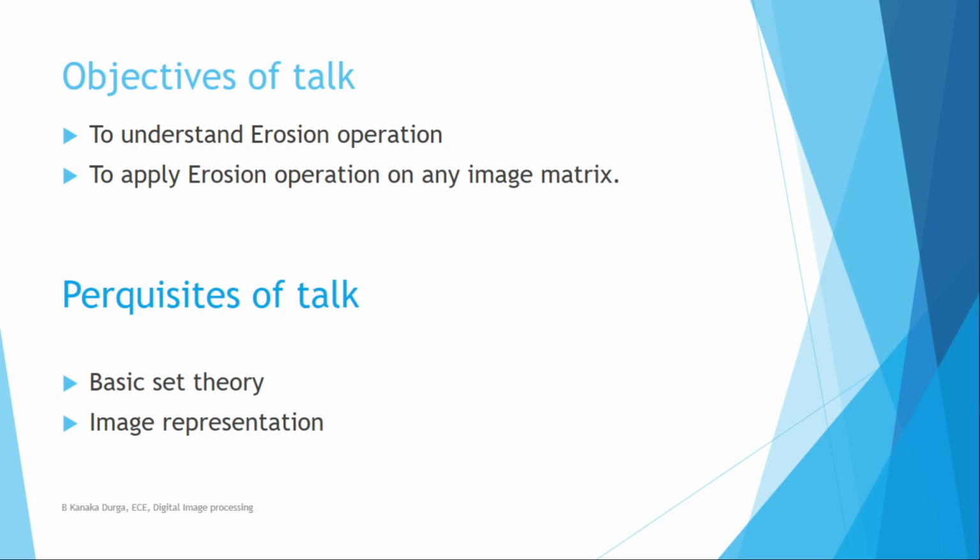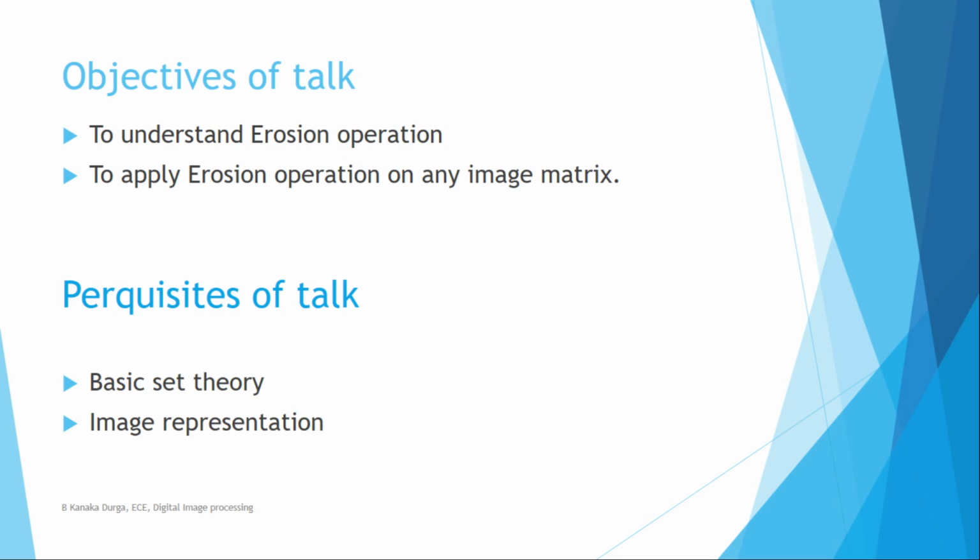So we are concentrating mainly on images in terms of a matrix, and how we have to go for the erosion operation. We are not considering how to do erosion on grayscale values or with respect to positions. Mainly we are concentrating on images in matrix format, and that too mainly on binary images.